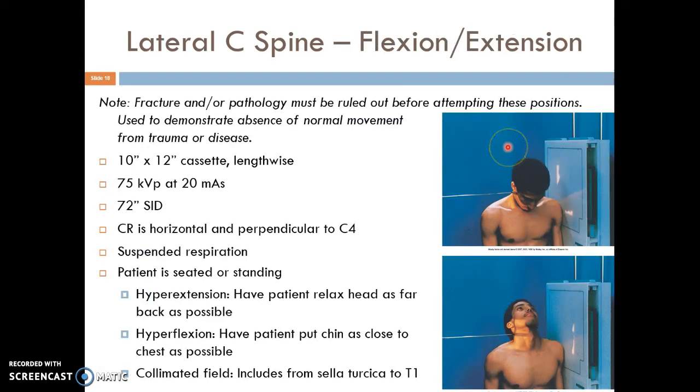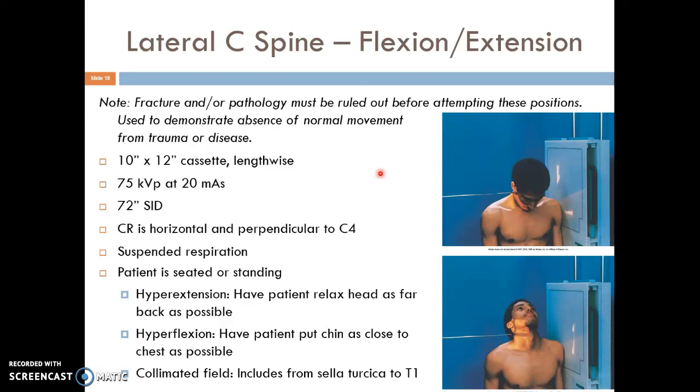Now, in the lateral position, the patient will perform a flexion or extension. Make sure you are ruling out that the patient does not have a fracture before having them flex or extend. We're using a larger cassette for this because of the movement of the neck. A 10 by 12 with a 75 kVp and 20 mAs, 72-inch SID.